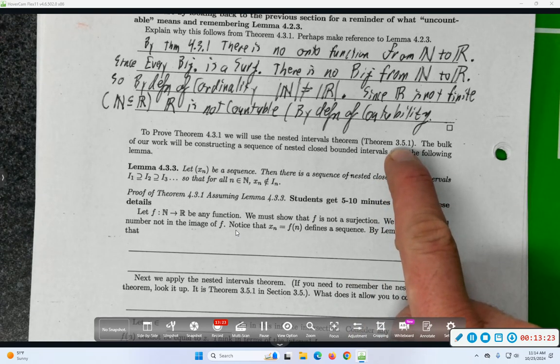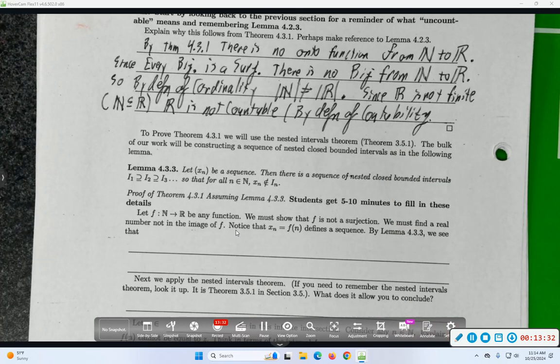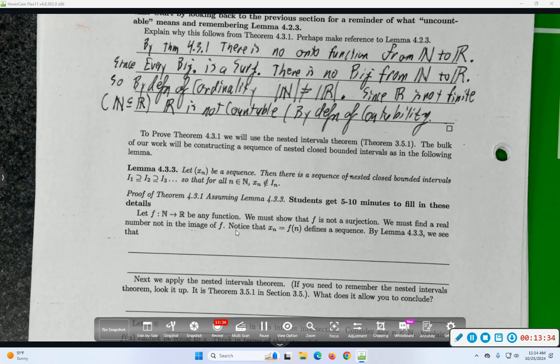It's in chapter 3, section 5, and then it's the theorem in there. Nice.